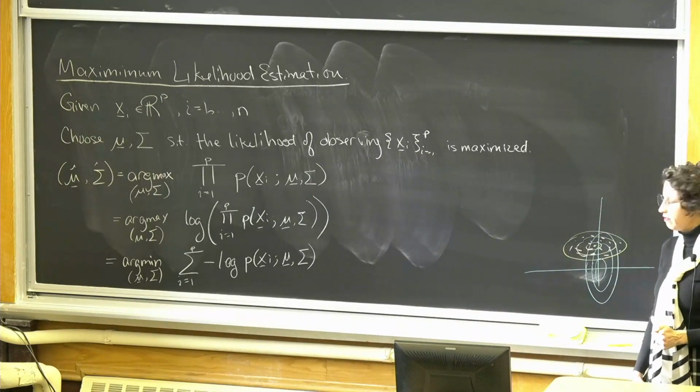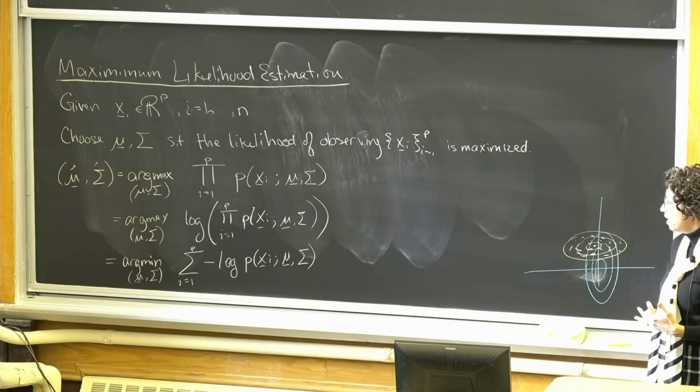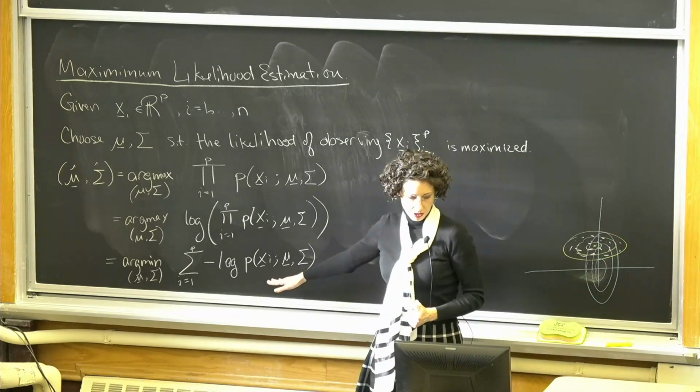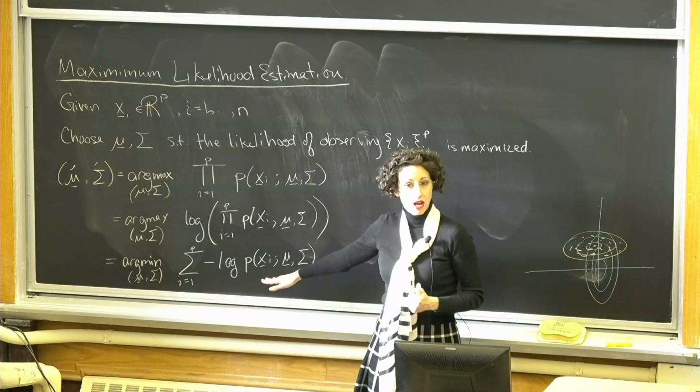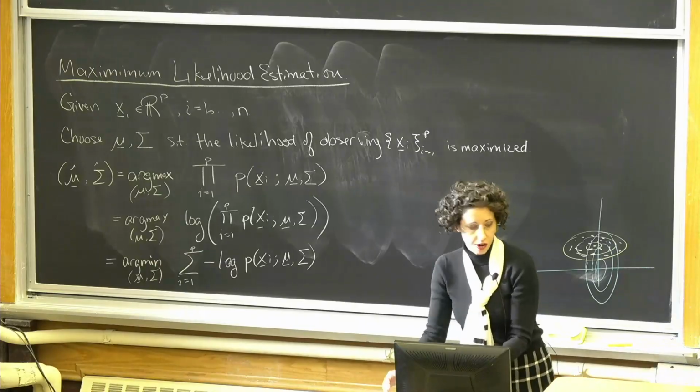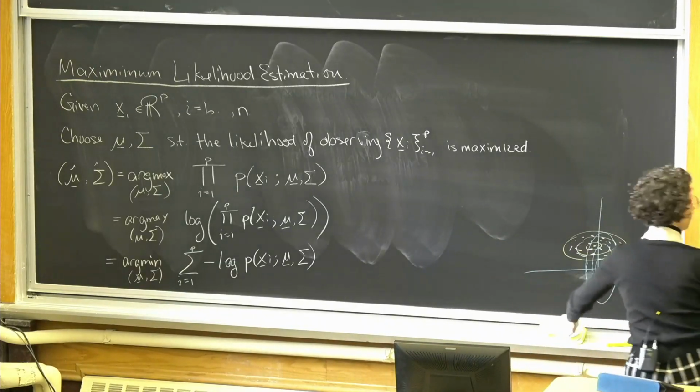Okay, so we want to find the values of mu and sigma that minimize the sum of the negative log likelihoods here. And now what we can do is plug in our expression for this distribution function that we wrote right here.